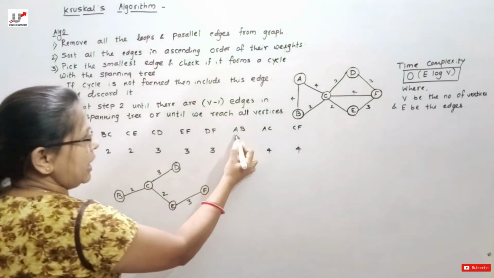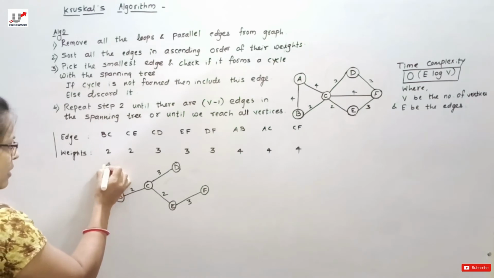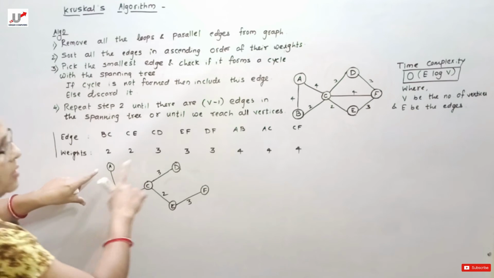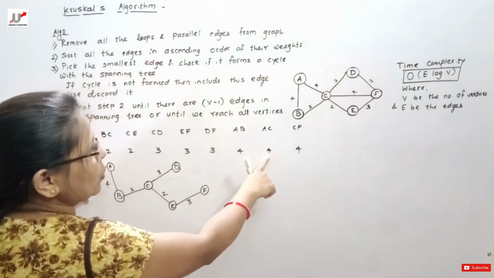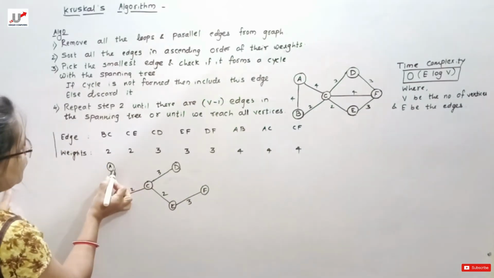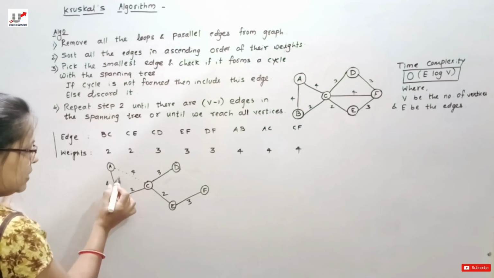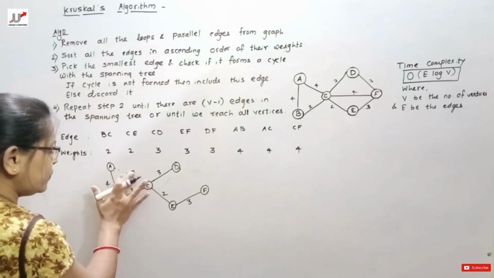Then the next is AB with weight 4. Then AC with weight 4. If we join A and C having weight 4, then it again forms a cycle. So we have to remove this edge.